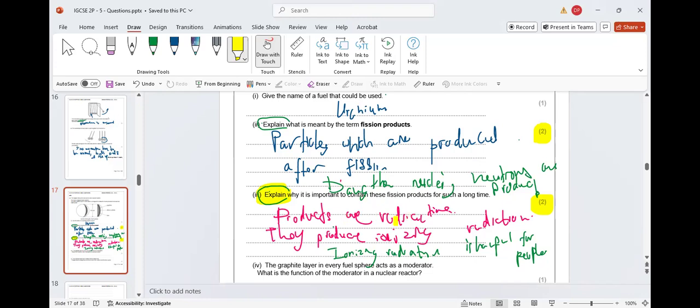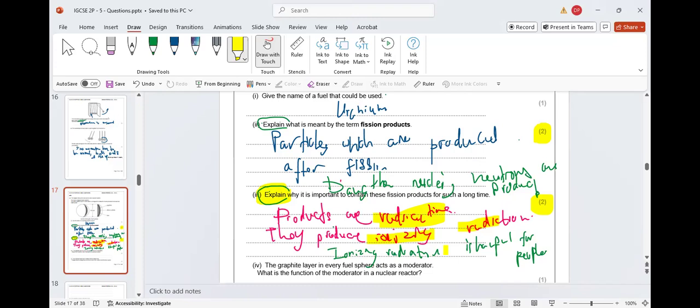So the products are radioactive. That's key. Therefore, they produce ionizing radiation. They ionize. Ionizing radiation is harmful for people. If you want to say how it is harmful, they cause cancer. Cell mutation and all that, you can go to that level.